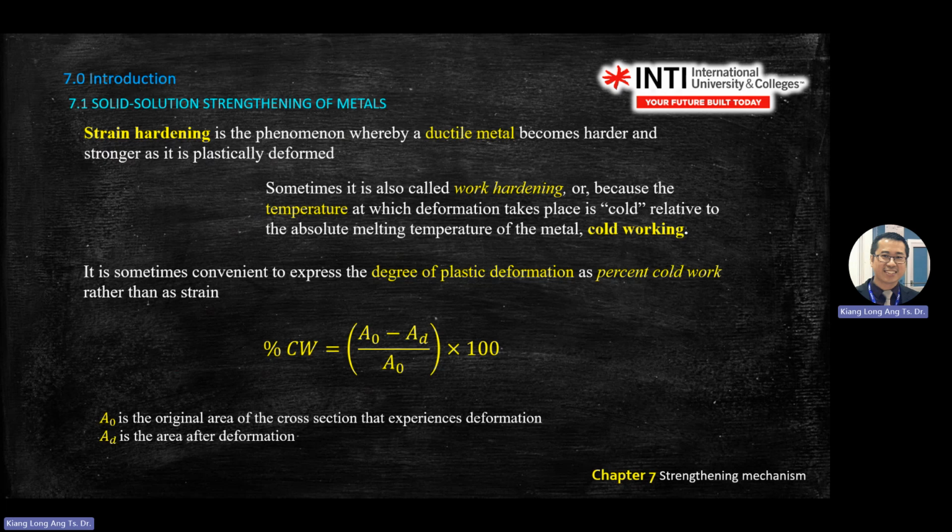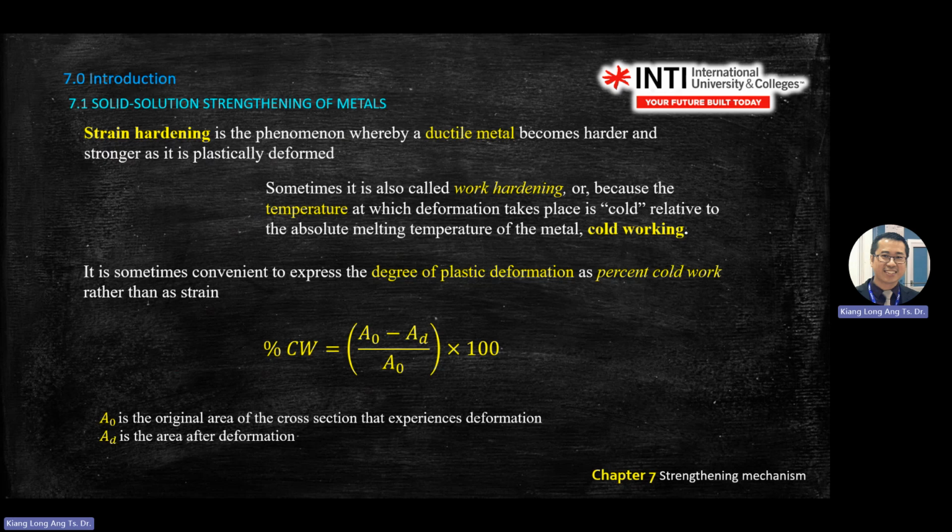So you have a T melting, let's say 1000 degrees C. If the temperature given is 800, it is considered cold working. Let's say you heat the metal up to 800 degrees C and then you hammer it. This is still considered cold working.